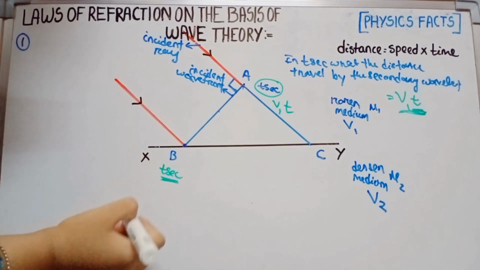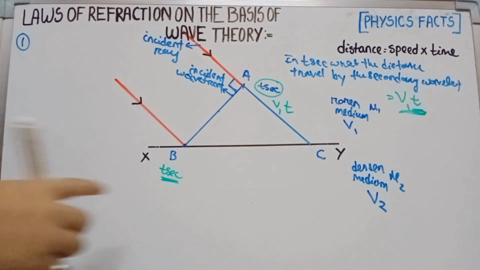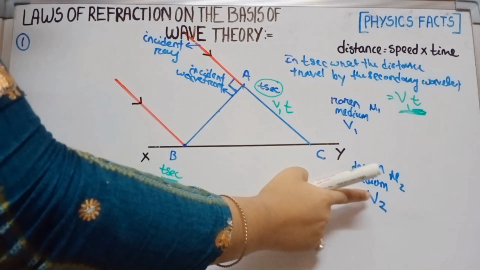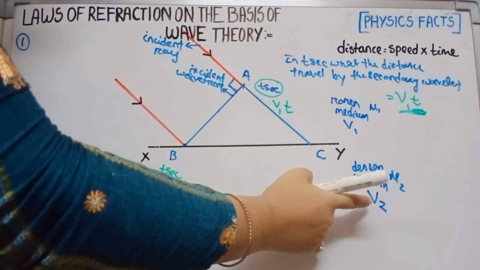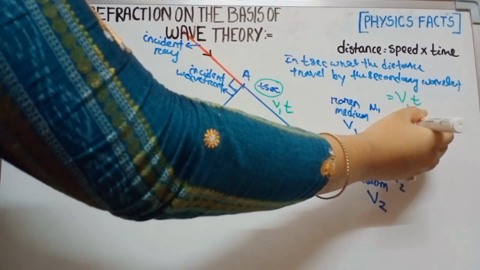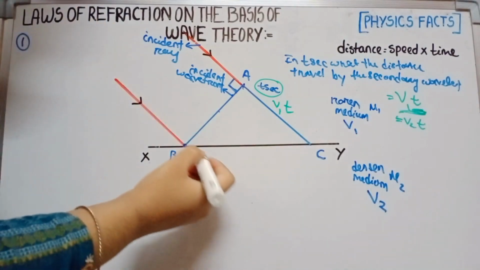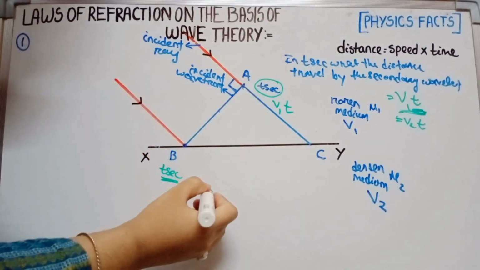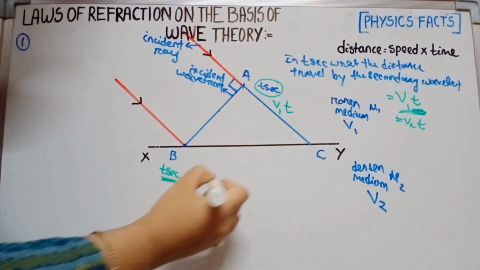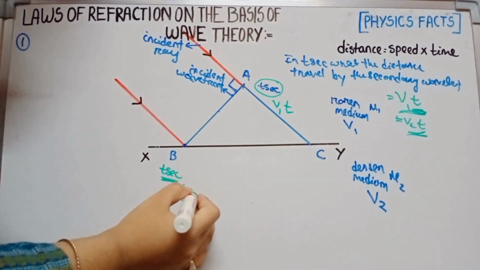In the denser medium the velocity of the wave is v2, so in t seconds the path covered by B is v2t.